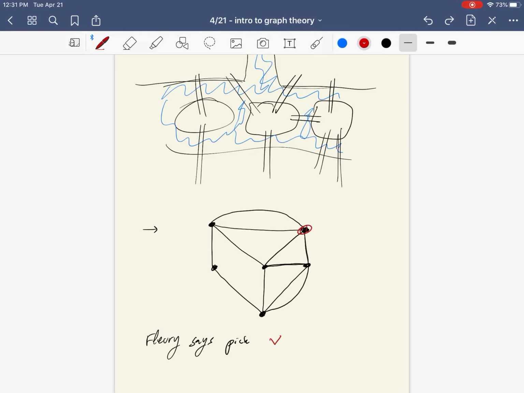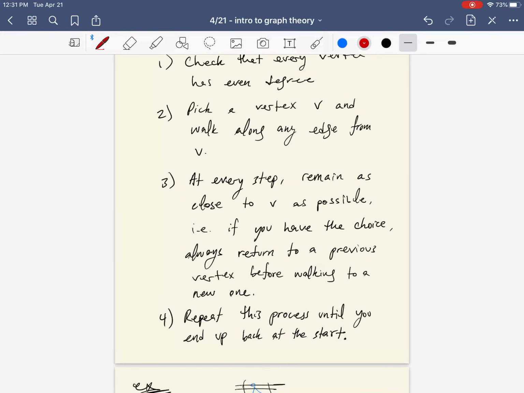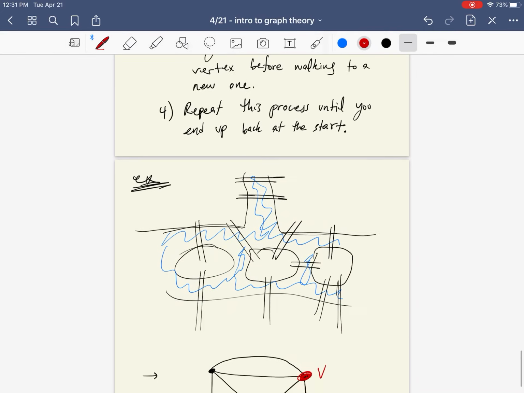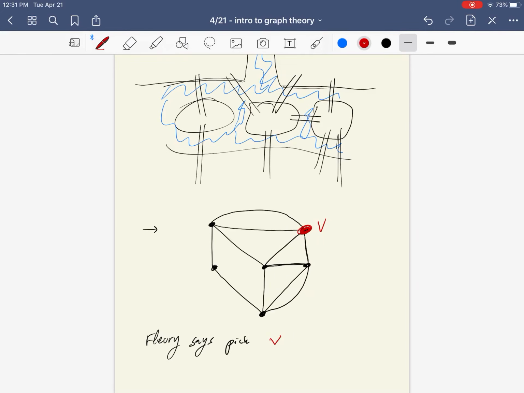So I'm just going to say pick V. That's going to be our vertex. Okay? And now the first bit of the algorithm said walk along any edge from V. Okay? So I'm going to use the highlighter. I'll walk along this edge from V here.